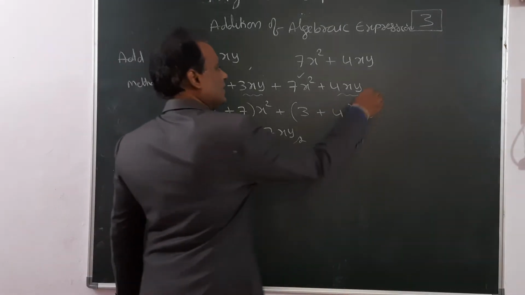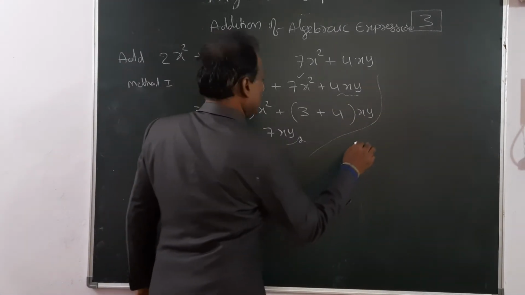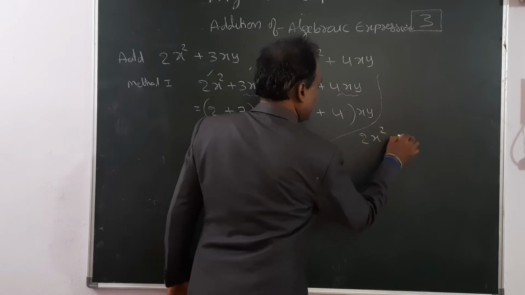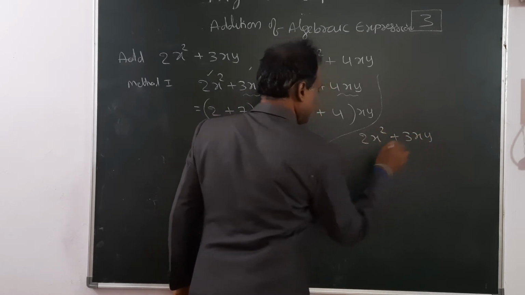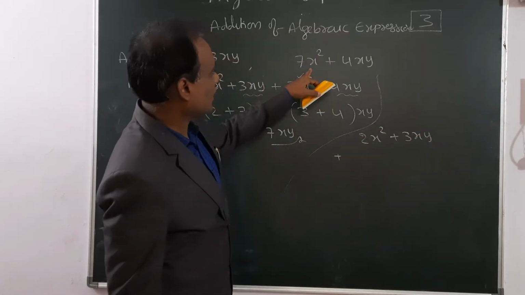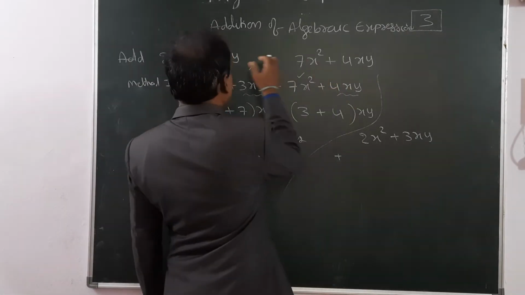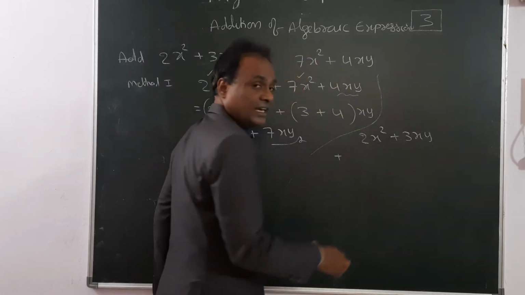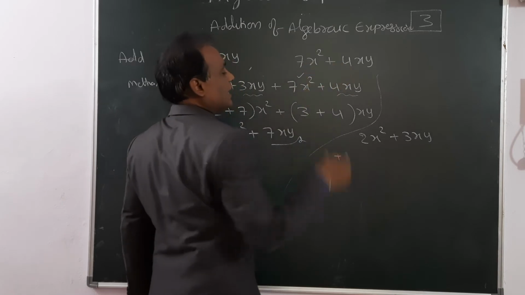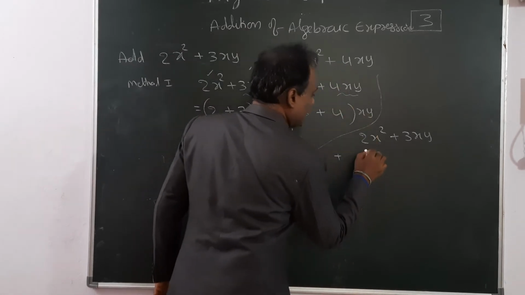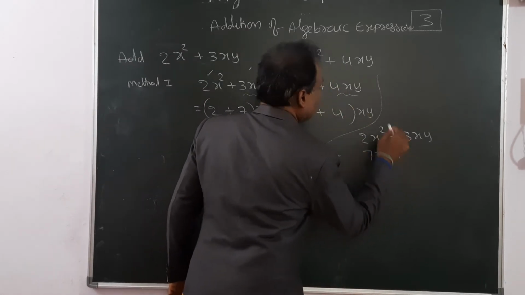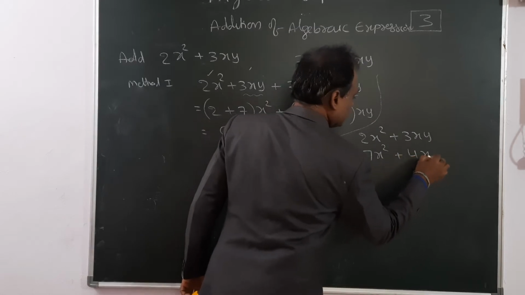We can add like this also. 2x square plus 3xy plus this one. So to add this, first write down the first algebraic expression here. Below it, write down the second algebraic expression. What is the second one? 7x square plus 4xy.